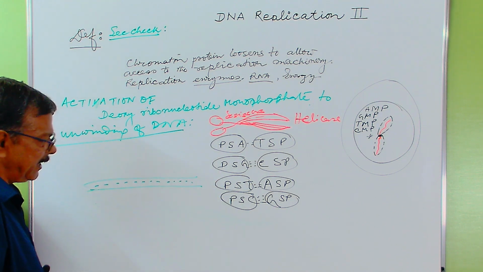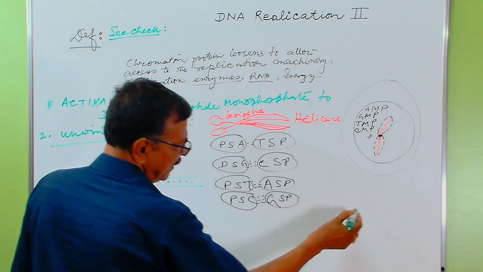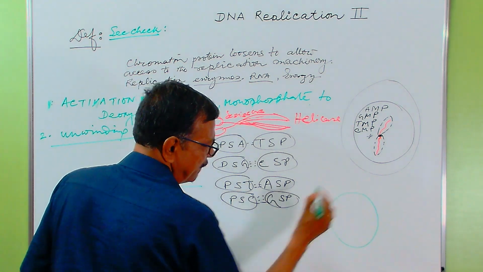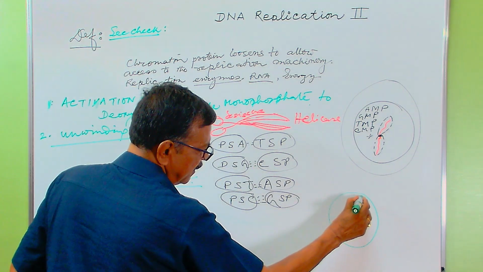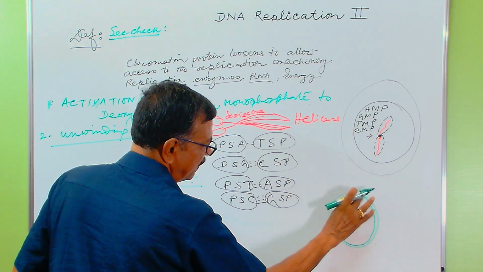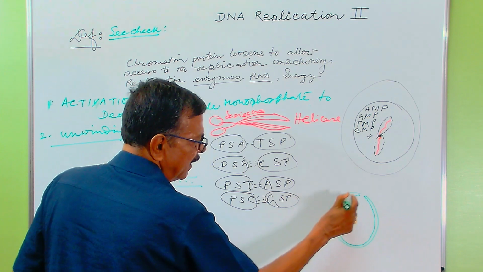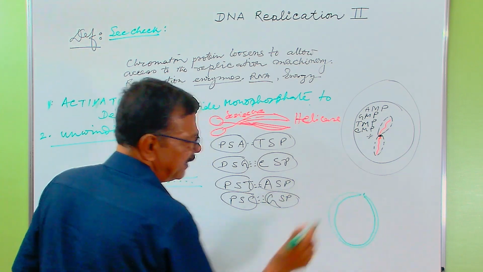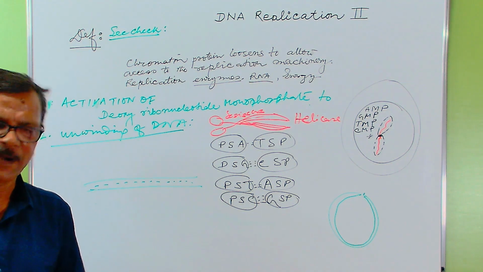Here one thing I would like to mention: in bacteria the DNA is circular. If we start from here, it will go on like this. So there is a single initiation point or replication point.